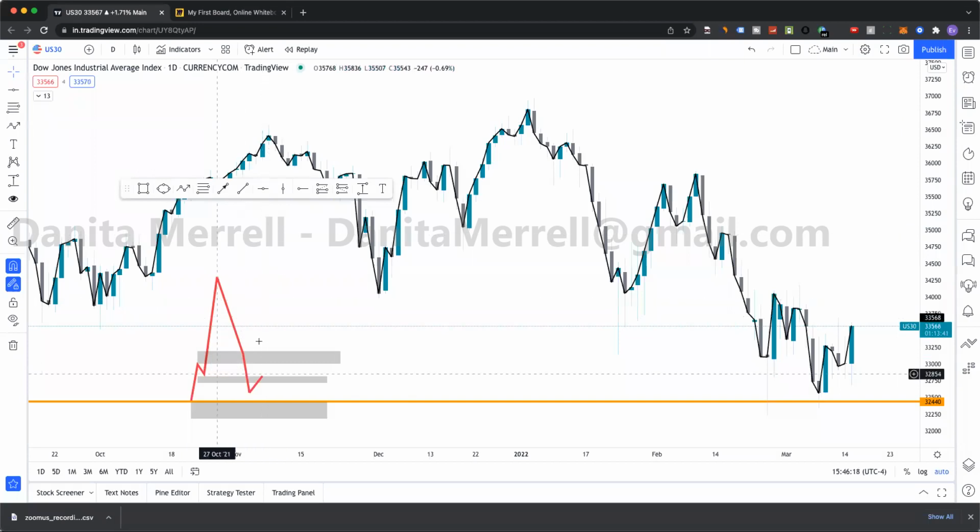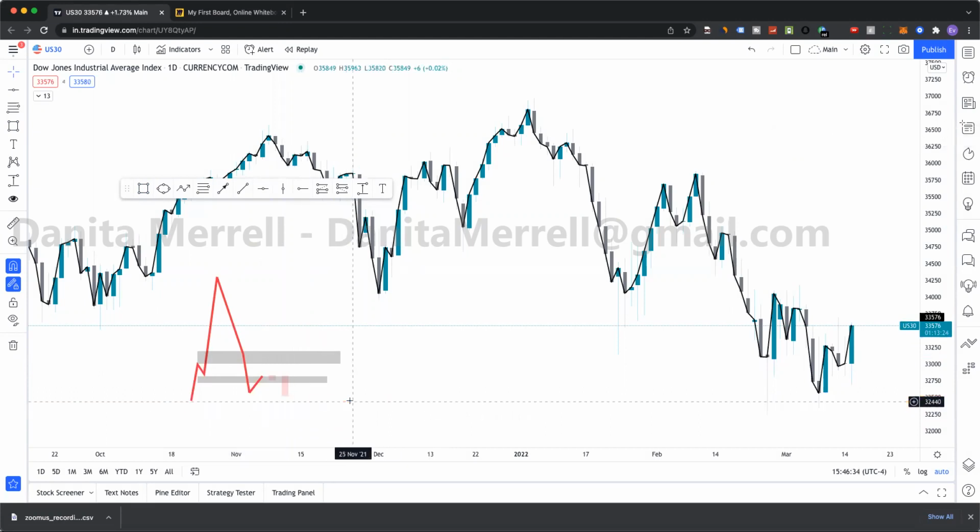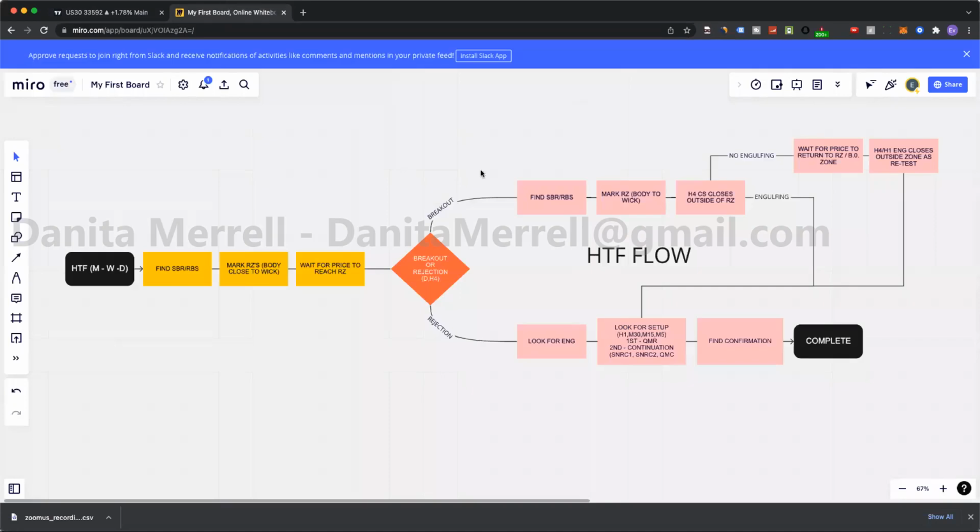So if this is our rejection zone, what we need is another engulfing pattern like this, closing outside of the zone. Let me just remove this real quick. So this would be an engulfing, if you can see that. So this is an engulfing outside of our rejection zone on our H4.